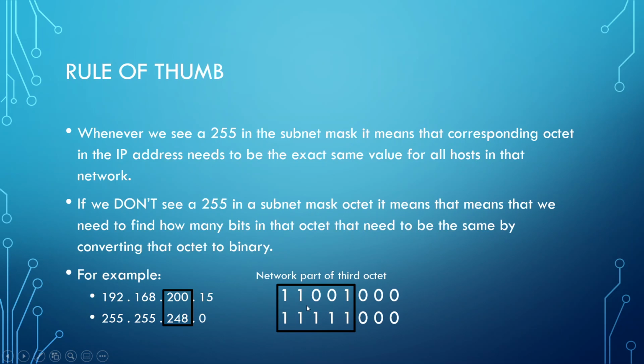So we know that for any device to be considered in the same network as a device with the IP address 192.168.200.15, the first 5 bits of the third octet have to have the value 11001. That means a device with the IP address 201 in the third octet would still be within our network, because the first 5 bits of that third decimal number will still be 11001.